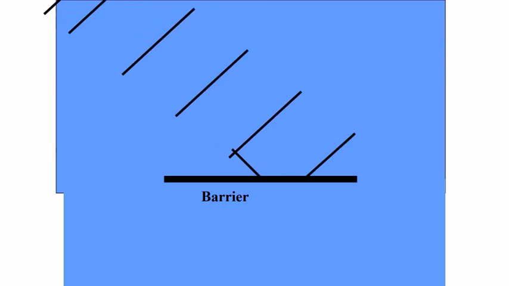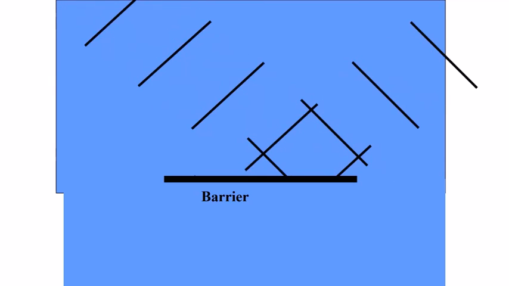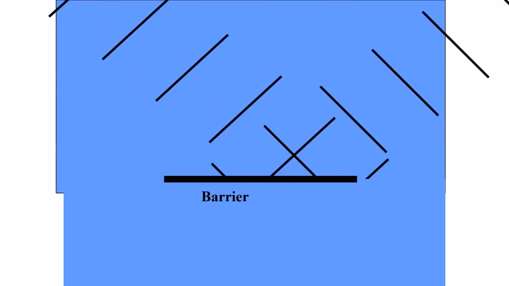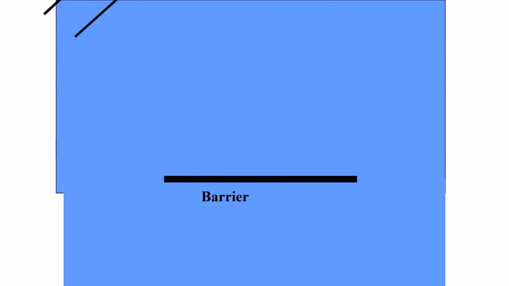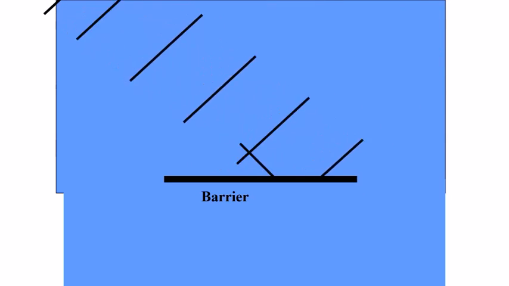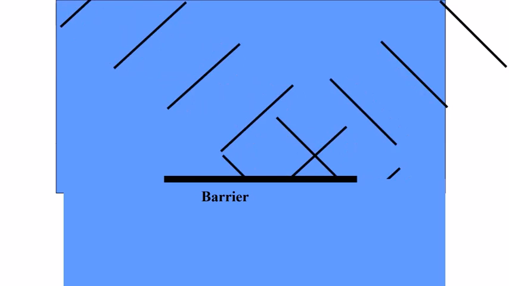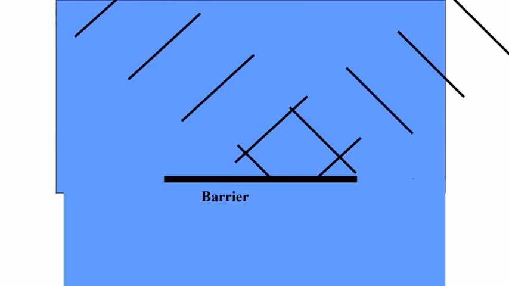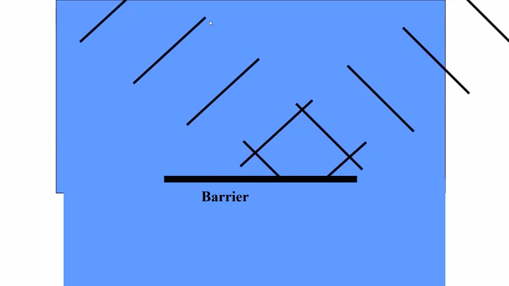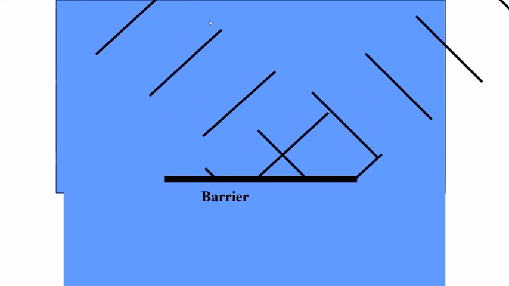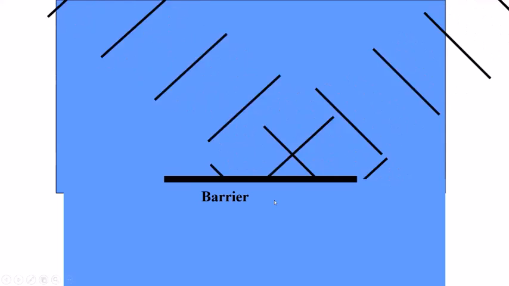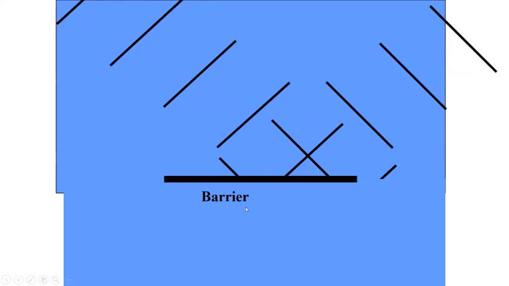You can see the waves striking a surface here. The wave which strikes the surface is called incident, and after striking, the wave bounces back, which we call reflected. Is it clear, the concept of reflection?